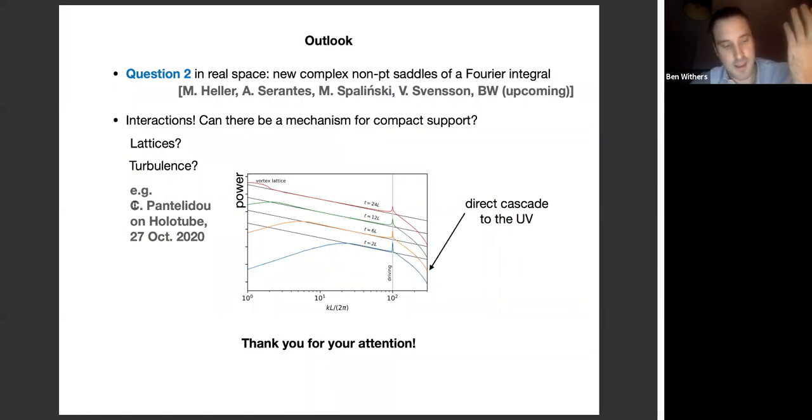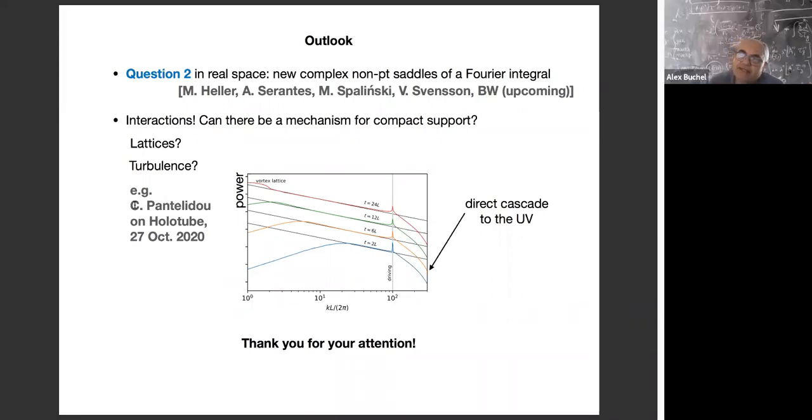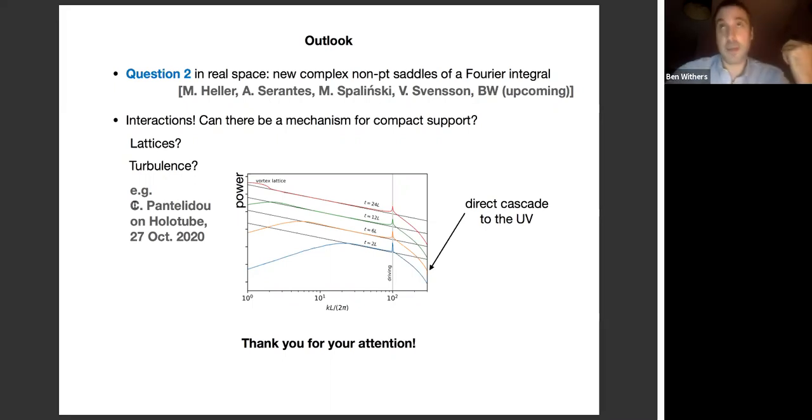And already there, I think you can still ask the question, is it divergent or not? One point of view you can make is that restricting to compactly supported initial data is very unnatural and would never happen. In which case the answer would be divergence, even in the linear theory.